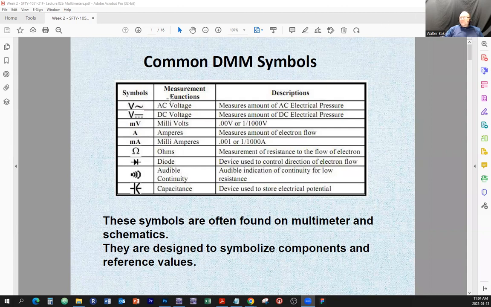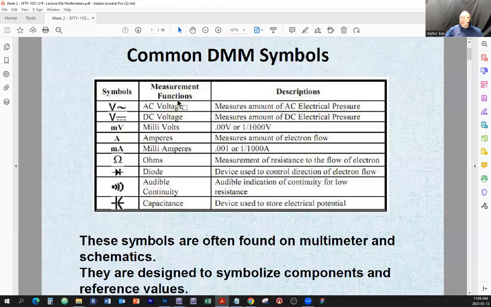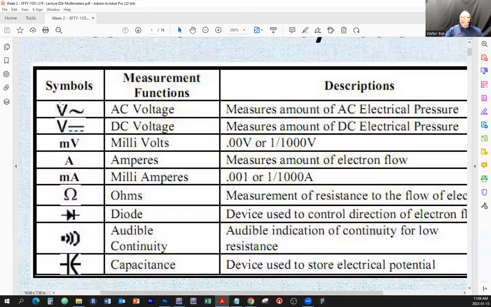Okay, so the common symbols on the digital multimeter. This sign here with the V with a tilde stands for the AC voltage. As I said at the beginning of the previous class, the difference between a multimeter and a hammer, for example, is that the multimeter can do more than one thing, depending on how you set it up and what functions you choose.